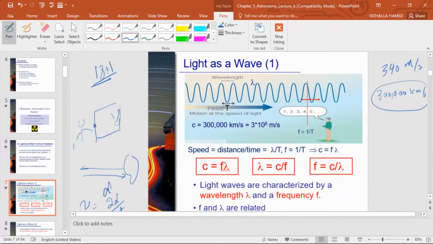It was done independently, and then light is basically regarded as an electromagnetic wave. And it has a very high speed. So a lot is known about light.